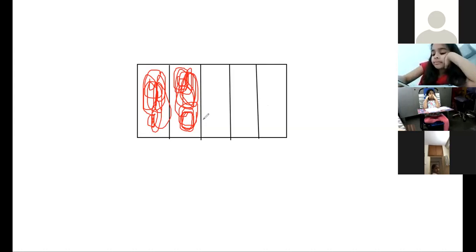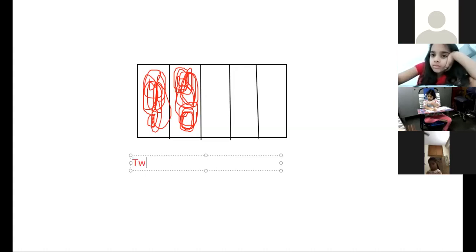Only 2 parts, right? Now, if I want to tell what fraction of this rectangle is shaded, what can I write here is, how many parts are shaded? 2 parts are shaded. So I can write here 2, then I'll put a line here. And total how many parts are there, children? 1, 2, 3, 4, and 5. Total 5 parts are there.